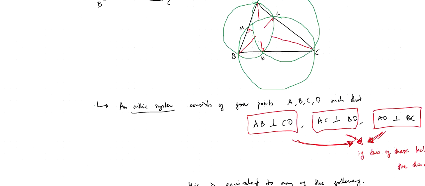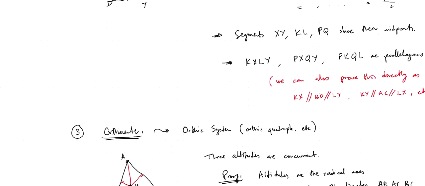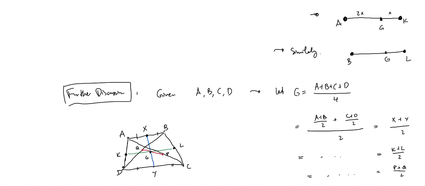Since an orthic system is a system of 4 points, we can also use this basic knowledge about quadrilaterals in the case of an orthic system to see whether something special happens or not. So these 3 parallelograms. Does anything special happen with these 3 parallelograms?